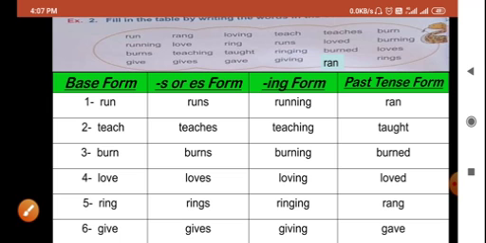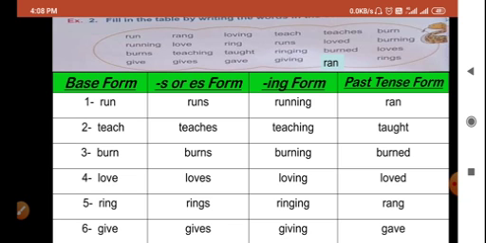So see, students, we will take the first word, run. Run is the base form of the verb, so we will write run below the base form. The second one is rang. Rang is the past tense form of ring.